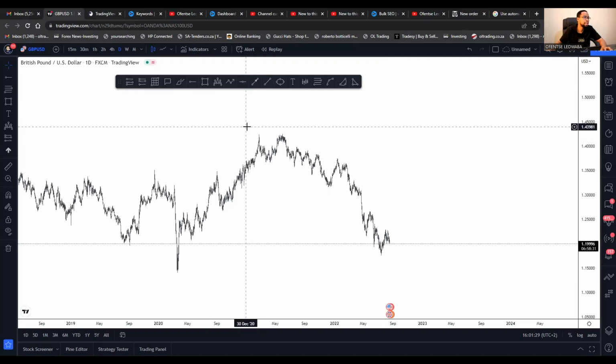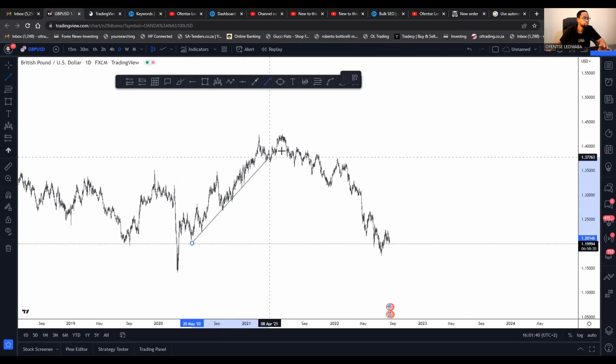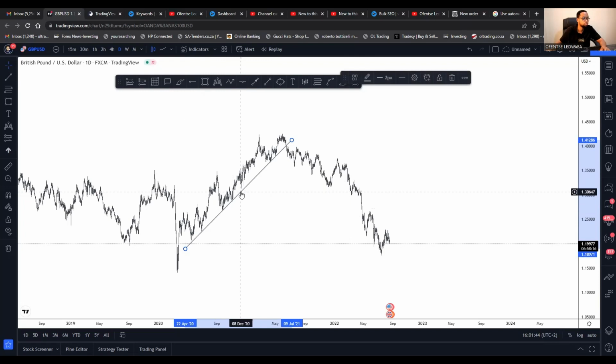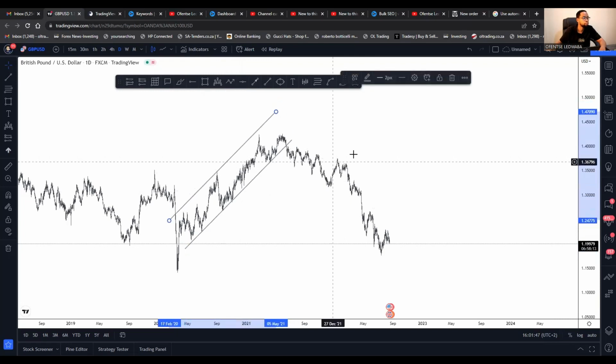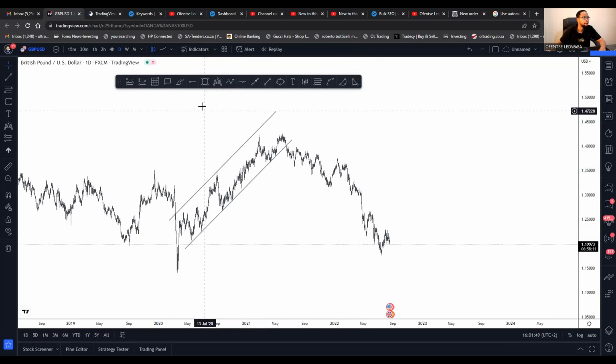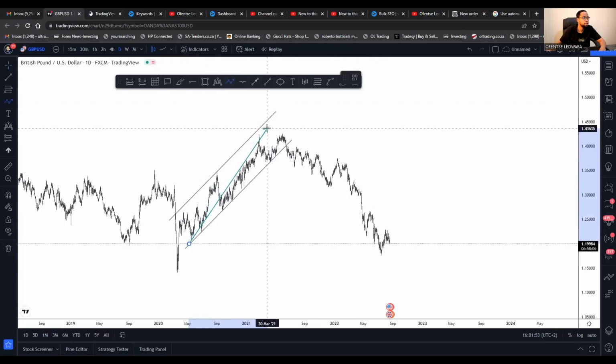I'm on daily time frame. As I've mentioned, history repeats itself, so I'm just going to show you what really happened. Look. The market went up, and then at the highest point, forming a double top, came back down.